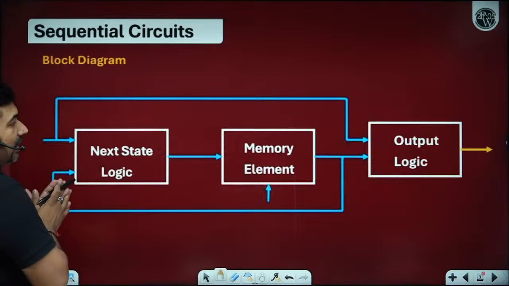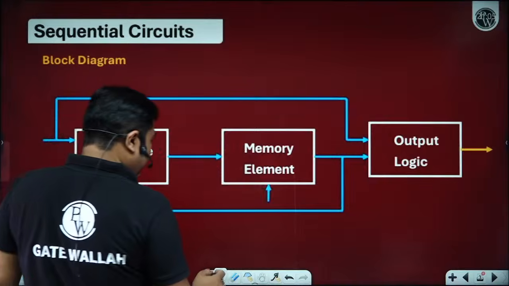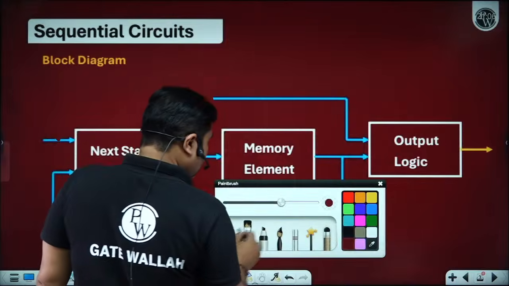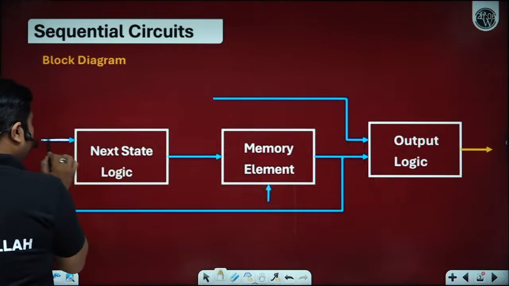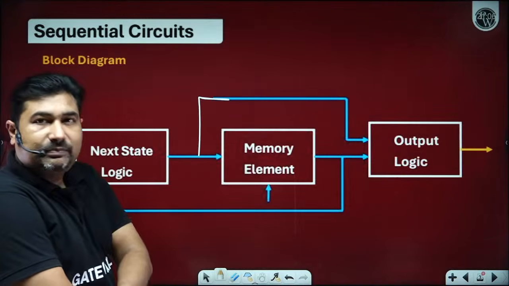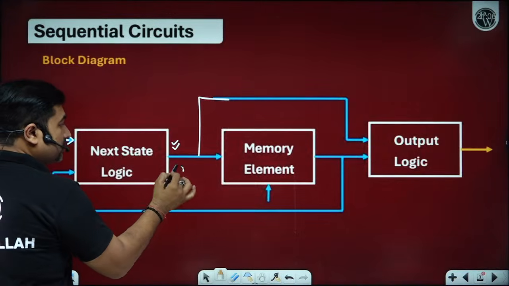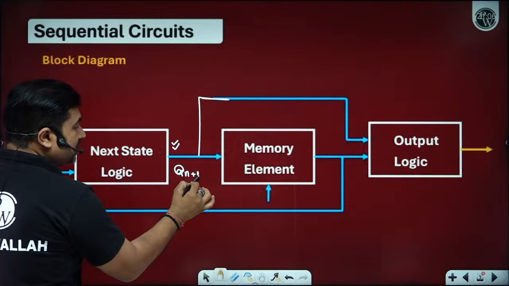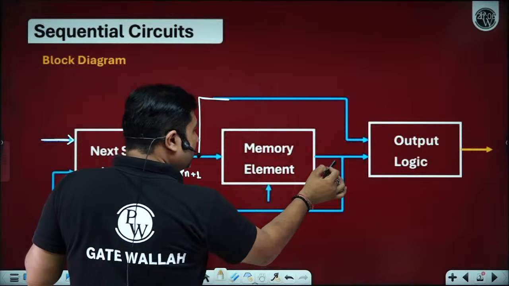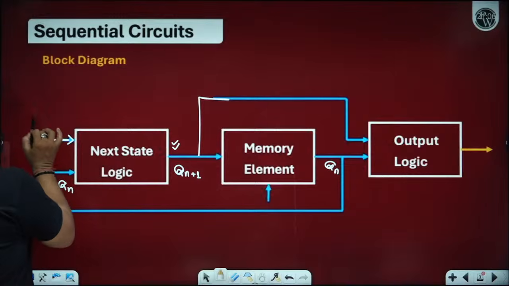Now please observe here. Suppose we have a basic block diagram to understand a sequential circuit. The output logic depends upon the next state and the previous state. Whatever next state logic you want, suppose for the flip-flop the next state is Qn plus 1. That Qn plus 1 depends upon two things: one is your memory element, the previous state Qn, and the other is the present input.